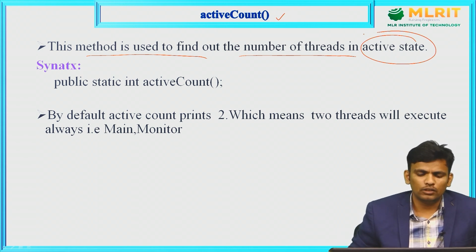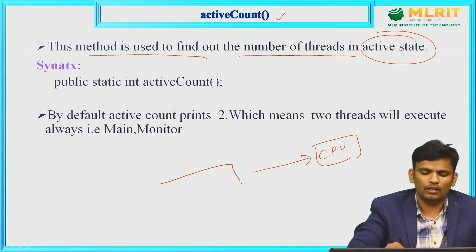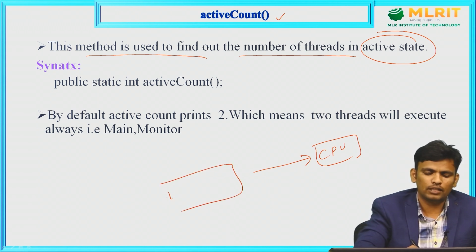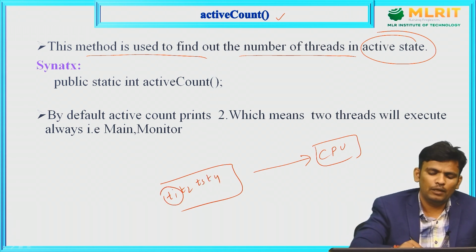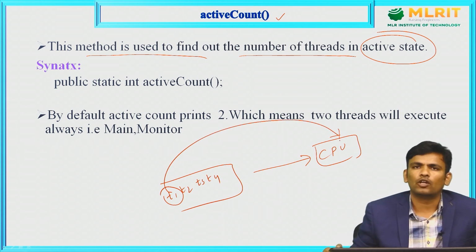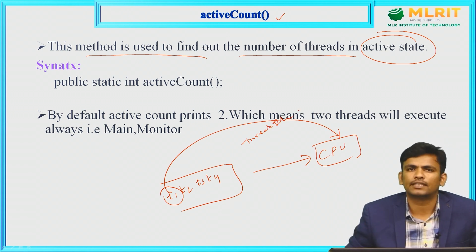As we know, suppose assume here I have multiple threads like T1, T2, T3 and T4. Which thread will be executed on the CPU we cannot predict, and this will be decided by the thread scheduler.